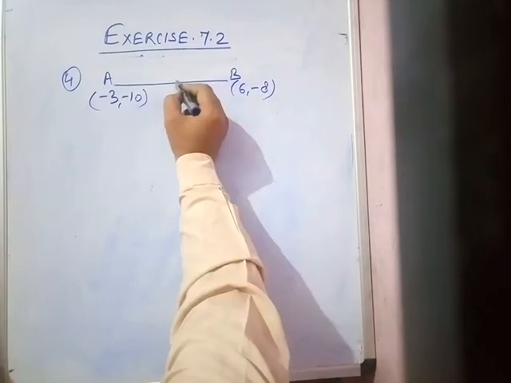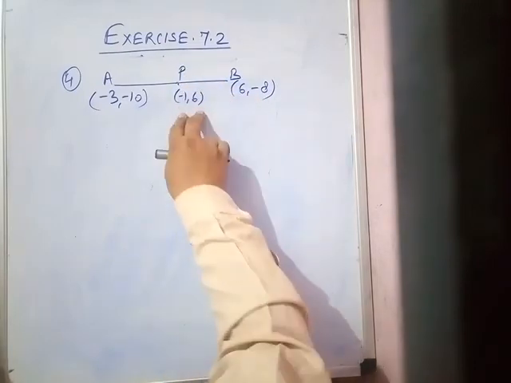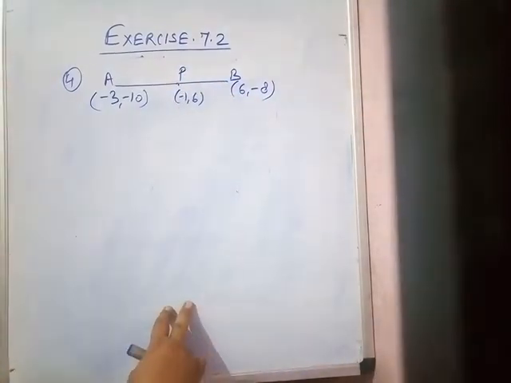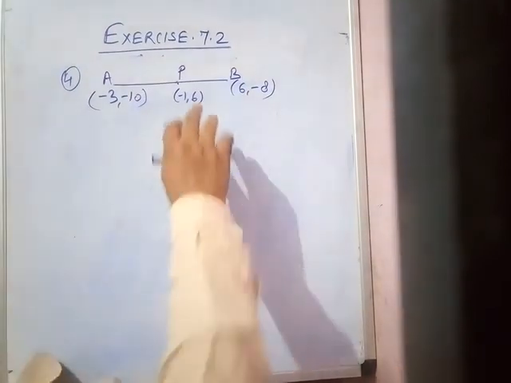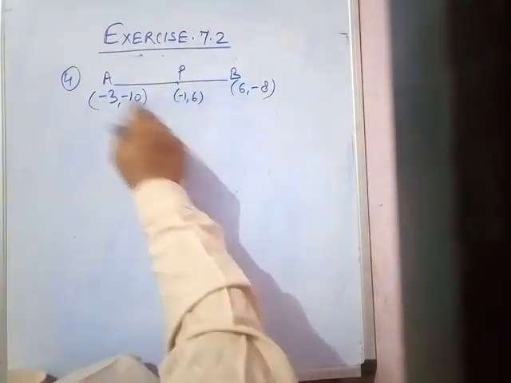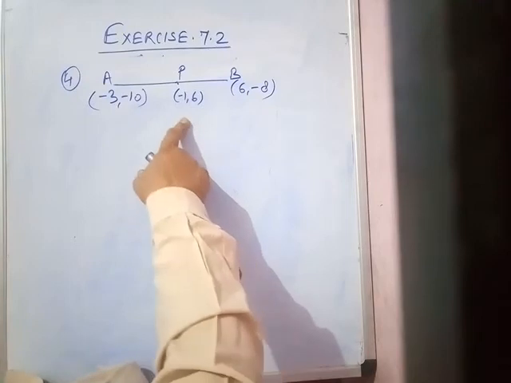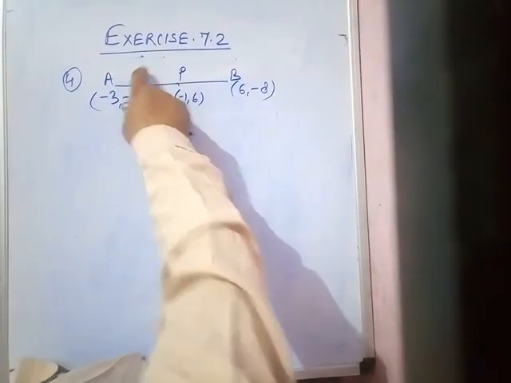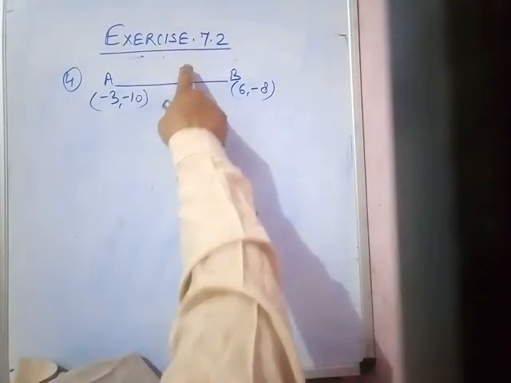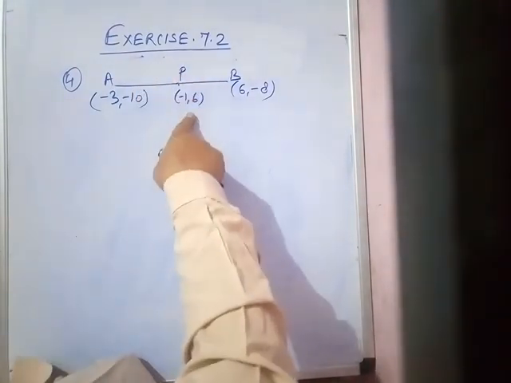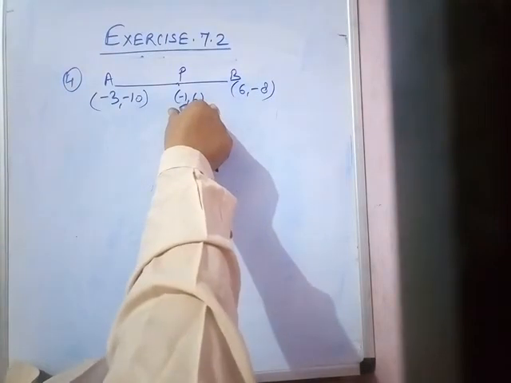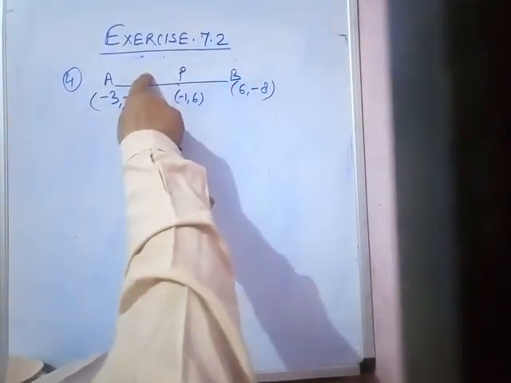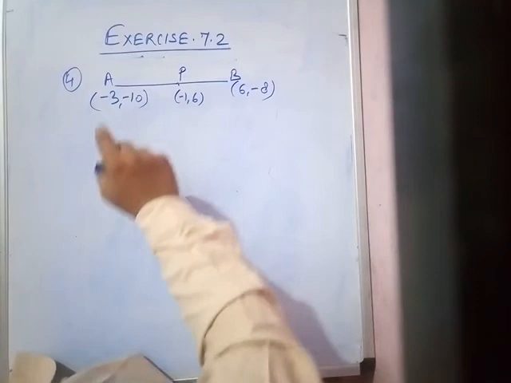Here the coordinates of P are given, and you have to find the ratio in which this point divides AB. In earlier questions, the ratio was given and we had to find the coordinates of P, but now the coordinates of P are given and we have to find the ratio in which P divides AB.